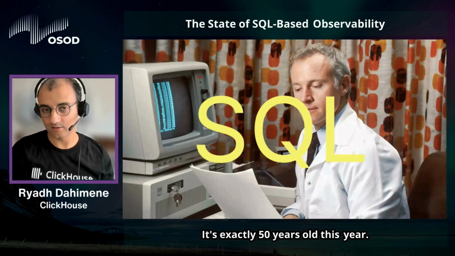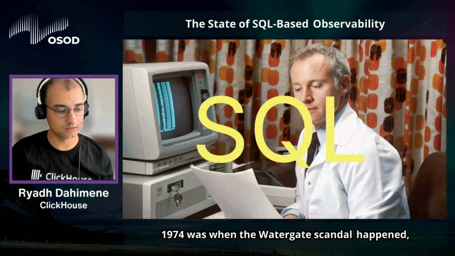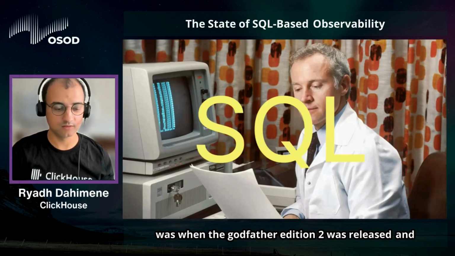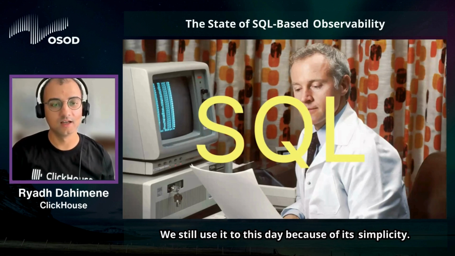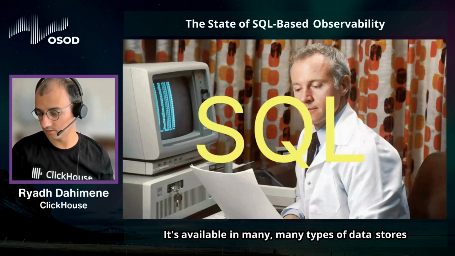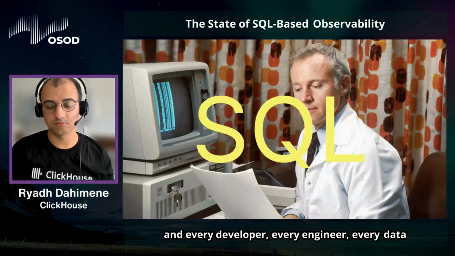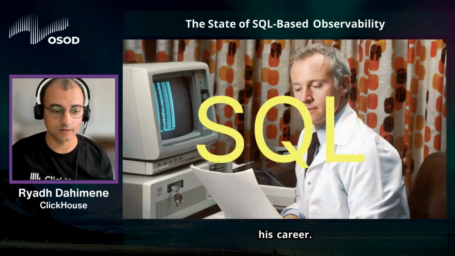It's exactly 50 years old this year. 1974 was when the Watergate scandal happened, when The Godfather Part II was released, and that's when SQL was created. We still use it to this day because of its simplicity. It's available in many types of data stores, and every developer, every engineer, every data engineer has been exposed to SQL at some point in their career.